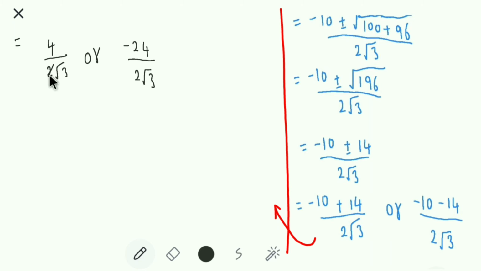So here 2 ones are 2, 2 twos are 4, 2 ones are 2, 2 twos are 4. So this is equal to 2 by root 3 or minus 12 by root 3.